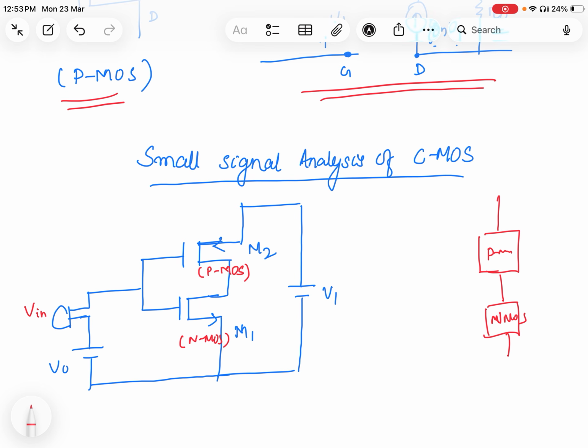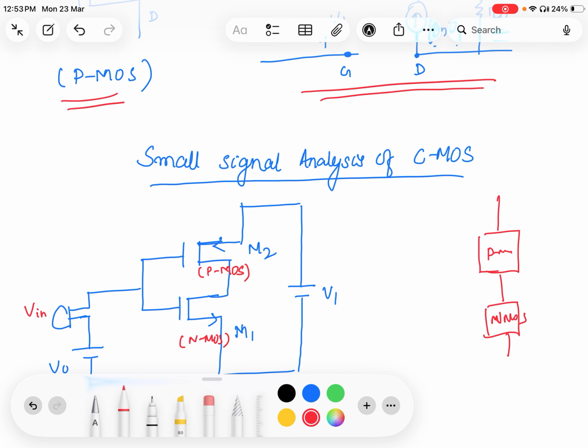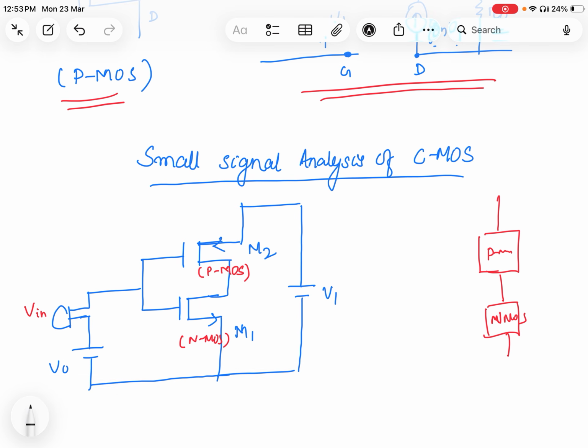I have taken a circuit with an NMOS: this is your gate, this is your source, this is your drain. Similarly for the PMOS, this is your source, this is the gate, and this is the drain. Both drains are connected together. Both gates are connected together to form a common gate, and here we are supplying a DC voltage of V0 and a small signal of V in.